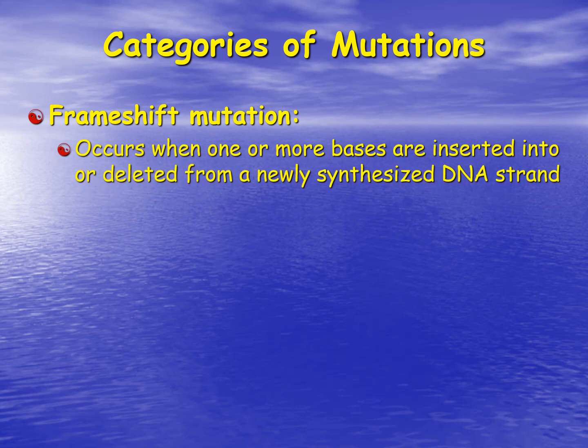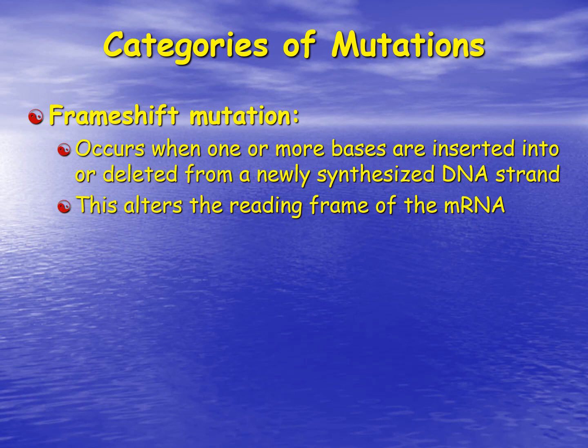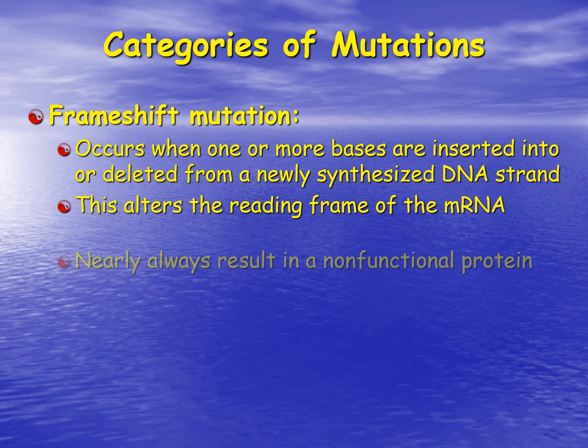Frame shift mutations occur when one or more bases are inserted or deleted from a newly synthesized DNA strand, and this shifts the reading frame of the messenger RNA. So from the point of mutation on, we now have new codons.